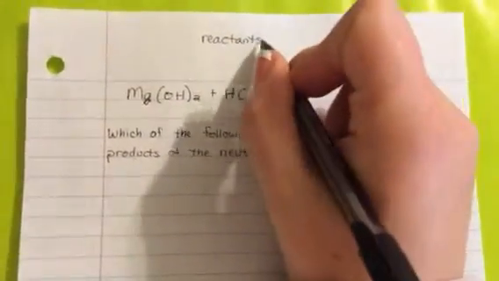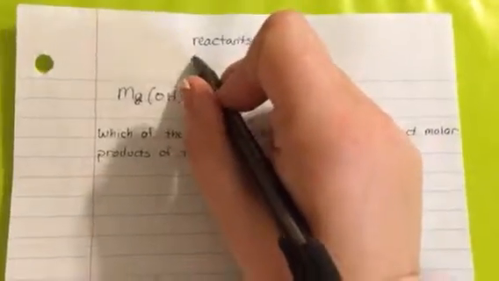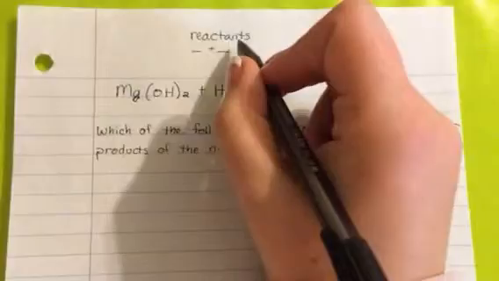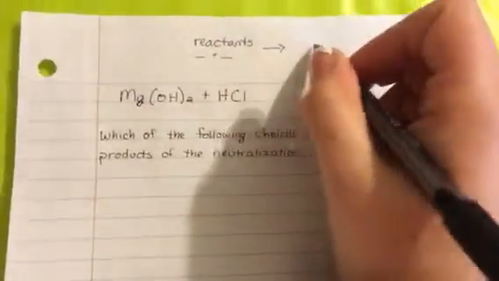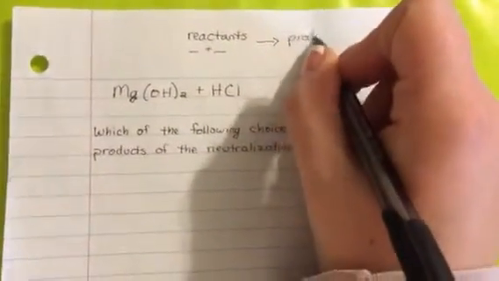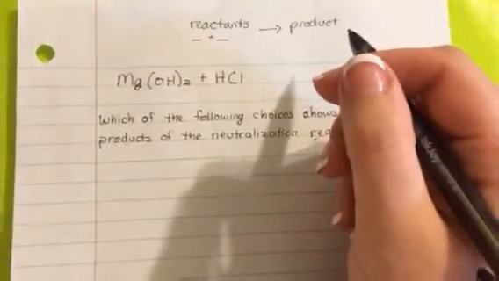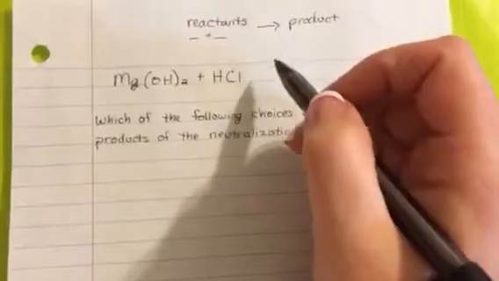It can be two of them, something plus something, and they will always equal a product.